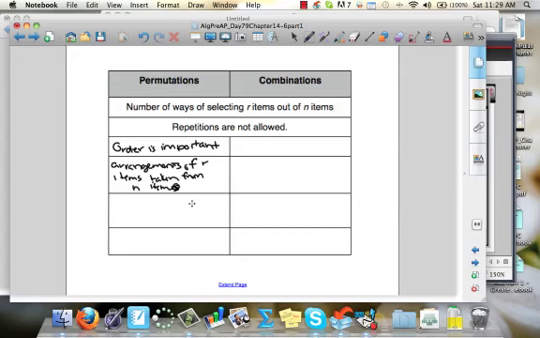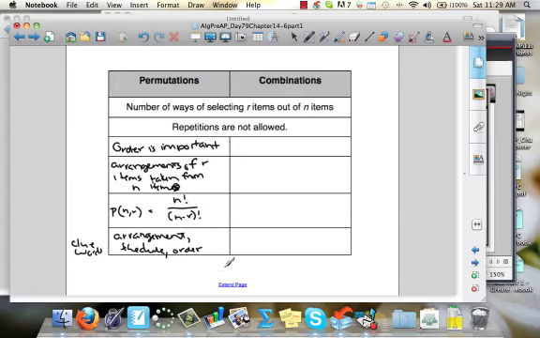And the equation for permutations is P of N comma R equals N factorial over N minus R factorial. And some clue words that might help you know are arrangement, schedule or order. Those are some important words that would help you see if it was a permutation.